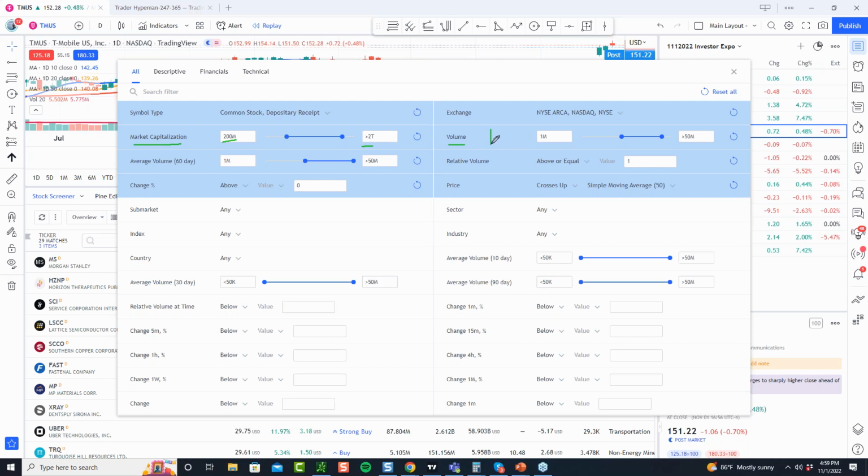So think of this as liquidity. I'm going to put L for liquidity. Average volume is also a sign of liquidity. I want to make sure that these stocks average trading activity of 1 million shares or more. So I've got 2 liquidity filters, and then I've got a relative volume filter. This gives me momentum. See, this says relative volume above or equal to 1.